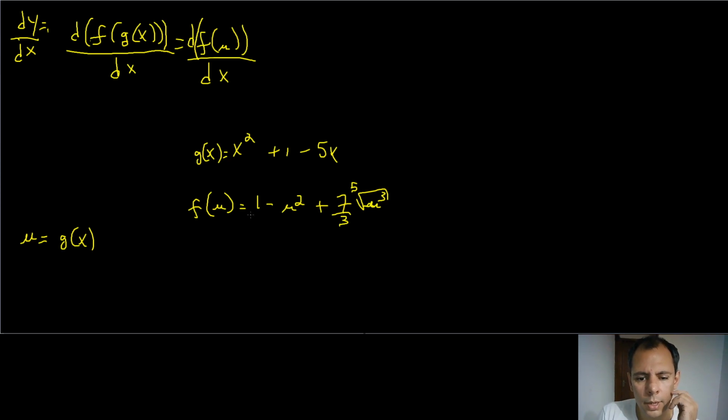Now, you want to take the derivative of f with respect to x. So you want to take the derivative of this stuff with respect to x, but you don't have any x in here. So what if you're going to do this? Since this is a function in terms of u, what you're doing here is doing du dx.